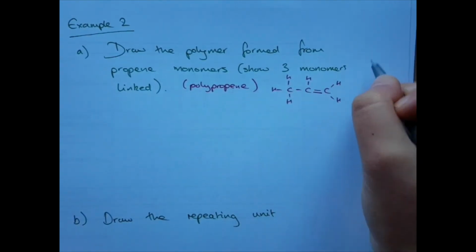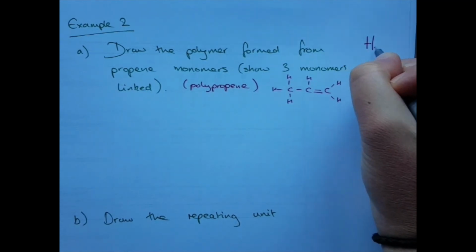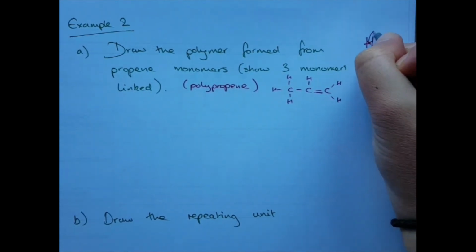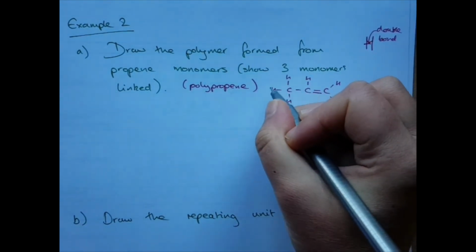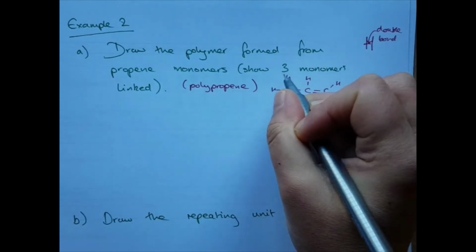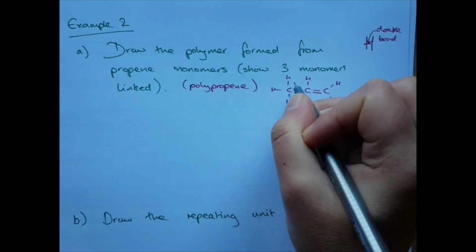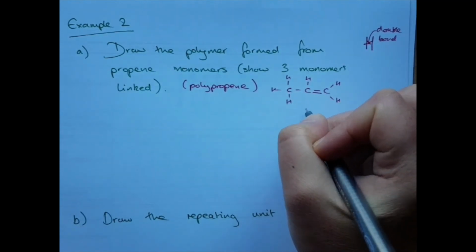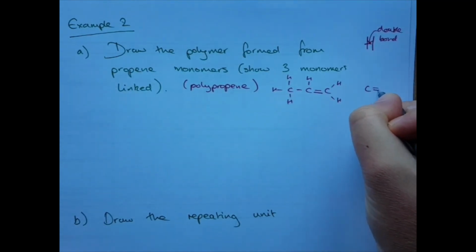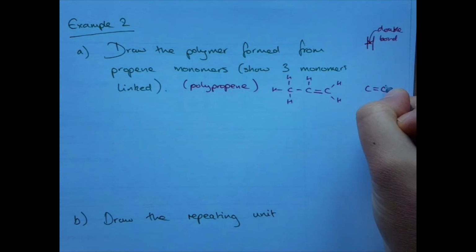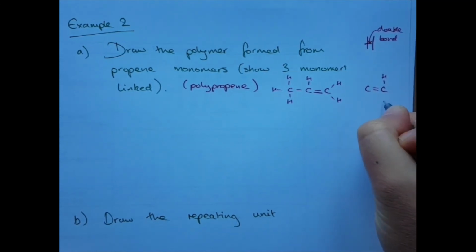The double bond is always the bar of the H. So if you think about an H, when you're drawing a polymer, you always want that to be the double bond of the monomer. Then I'm going to imagine picking up this group here and twisting it round to be below this hydrogen.